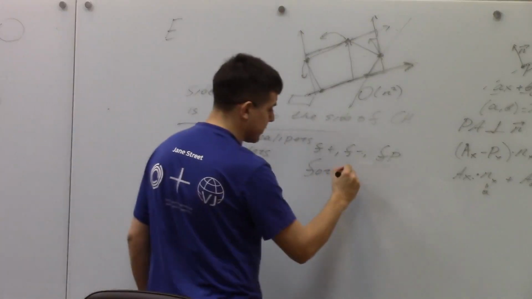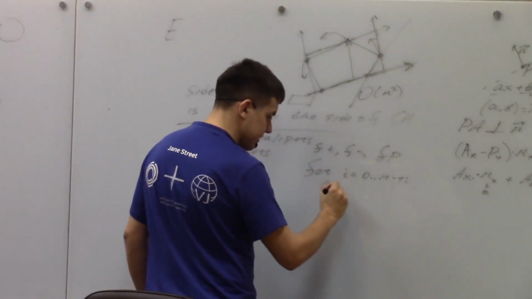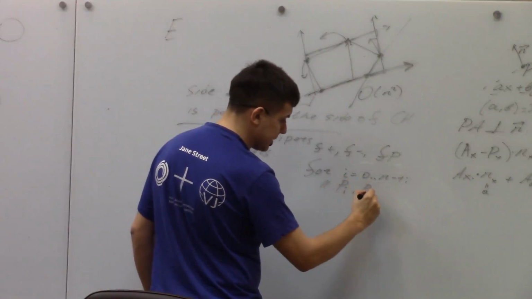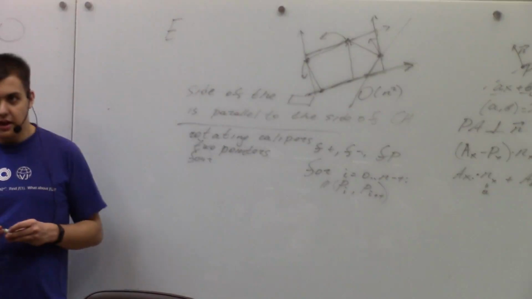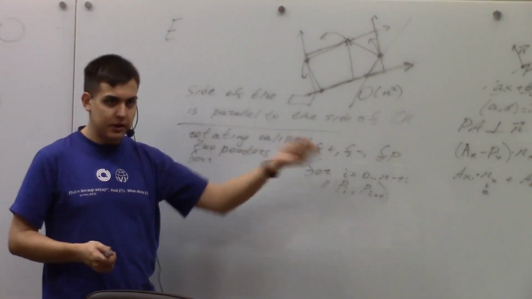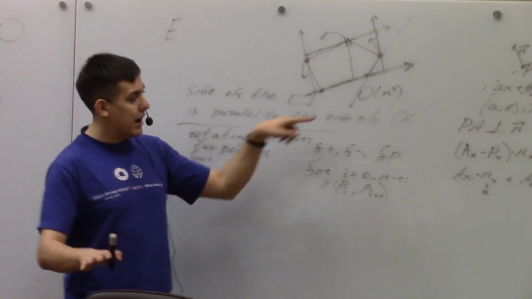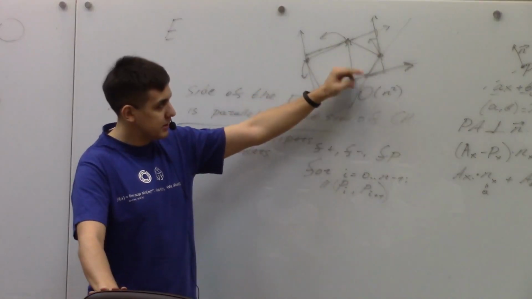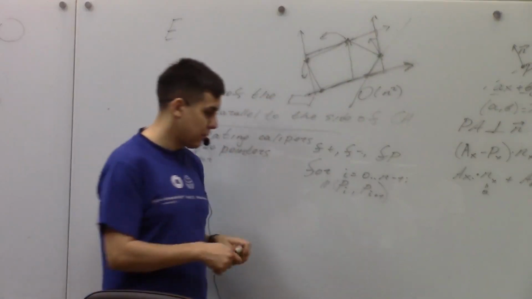So we just iterate over all possible sides from 0 to n minus 1. Now we're working with pi and pi plus 1. Here's the current side. And then we would like to increase f plus while the next point is farther in that direction than the current one, we move this f plus.